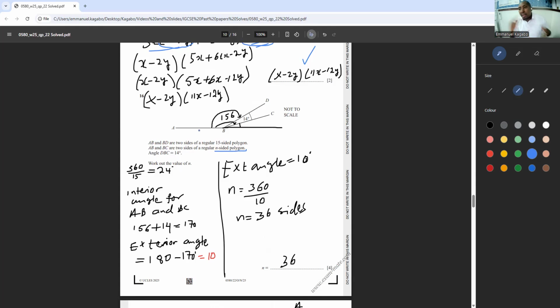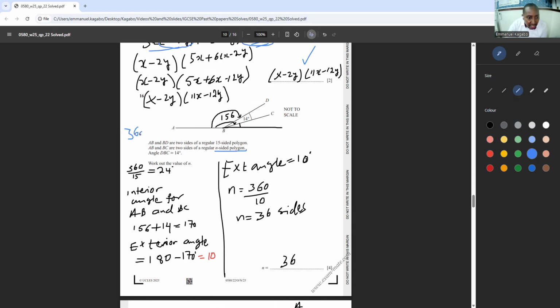There are very many ways of approaching this question. I decided to approach it this way because I thought it is easier and faster, especially when you don't have a calculator. Now, we know that the sum of exterior angles of any polygon is 360.